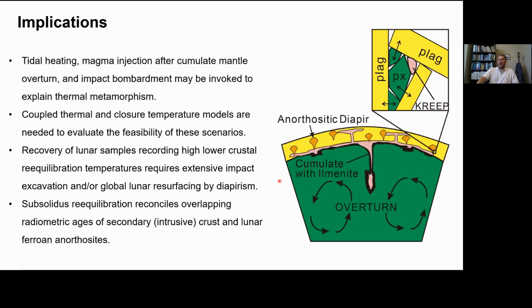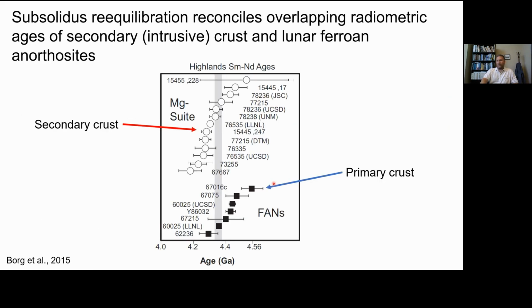All right, and then the last implication here that I've already alluded to is that subsolidus reequilibration could reconcile the overlapping ages of secondary crust and the inferred primary crust. And if you're not familiar with the data, here's a nice summary from a paper by Lars Borg, where he shows these ages determined for Mg-suite rocks. This is the secondary crust, and the ferroan anorthosites.